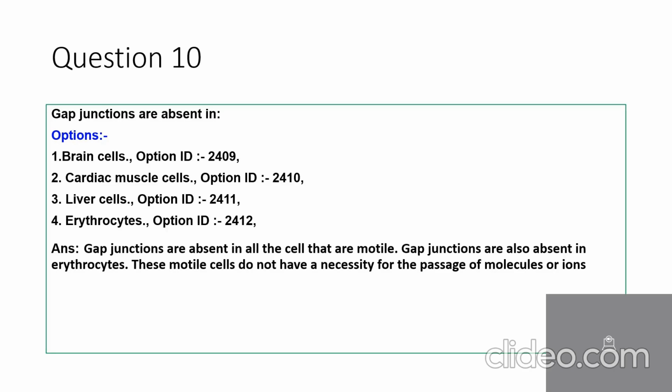These are non-motile, they become stationary. But erythrocytes will be moving in the blood, so they don't need any type of gap junctions. And sperm cells also don't have gap junctions.